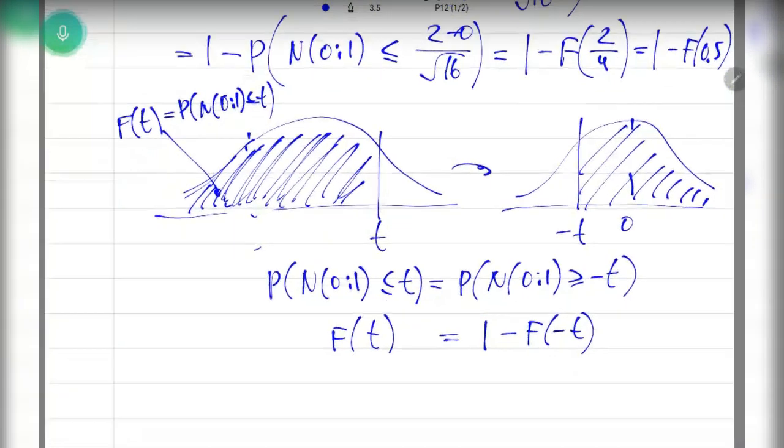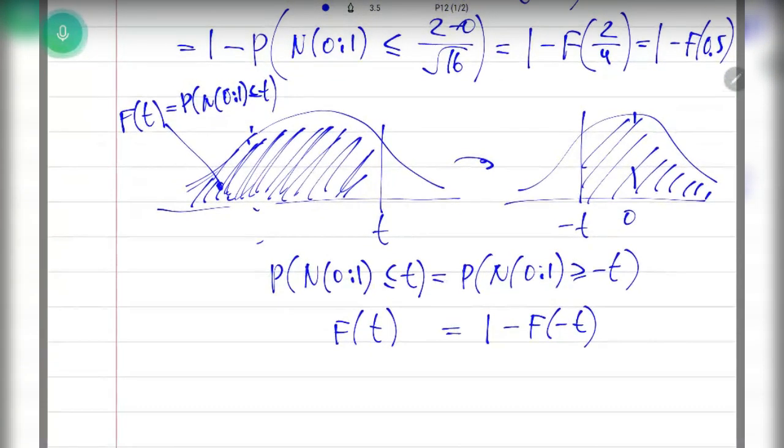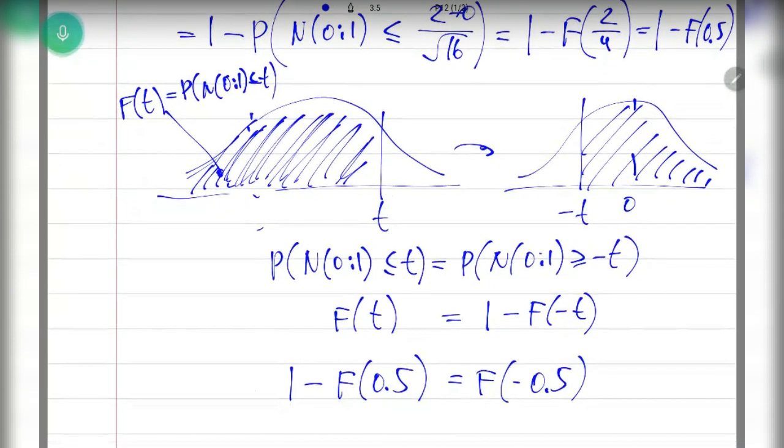So we may always rewrite the expression 1 minus F of 0.5 as F of minus 0.5. That's the same thing. That's just the symmetry of a cumulative distribution function.